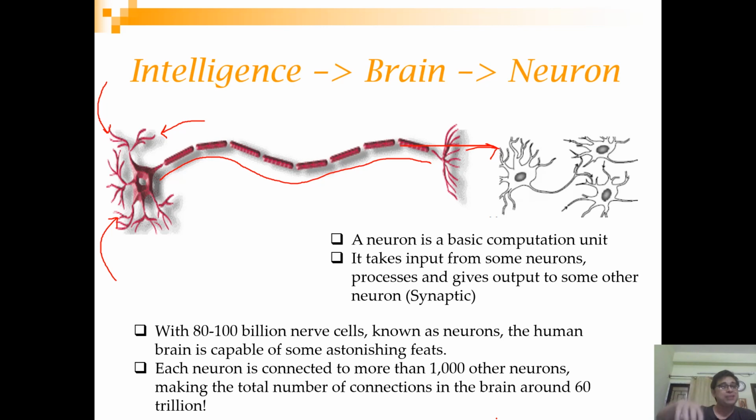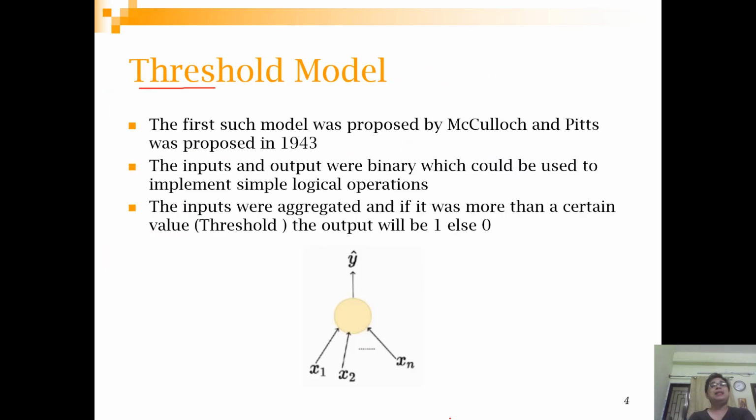So you have basic computation units and you can have networks of them. These networks can actually achieve astonishing feats. The first such attempt was way back in 1943, by McCulloch and Pitts, and here the inputs and outputs were binary, and they could do some simple logical operations like AND, OR, etc. These inputs were aggregated, and if they are more than a certain threshold, the output will be 1, else it will be 0.